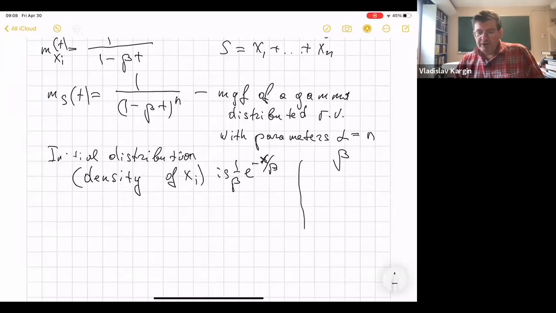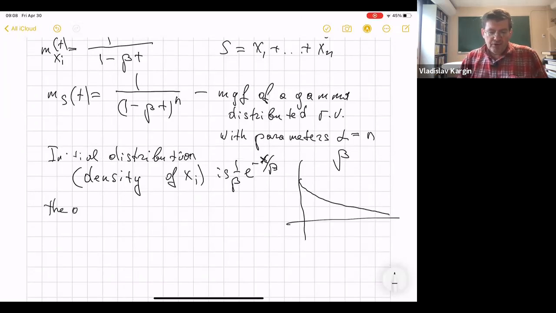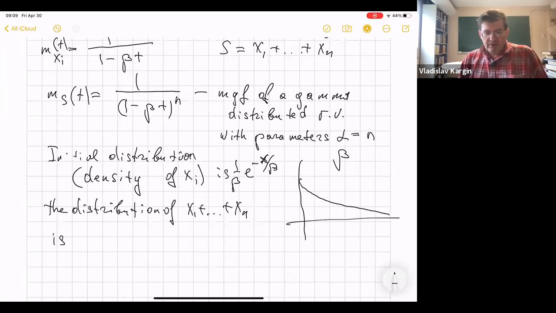It looks like this. Now the density of X_1 plus so on plus X_n, again by distribution I mean density, is something like this: some constant, and after that x to the power of n minus 1, times e to the minus x divided by beta, and here will be 1 divided by gamma of n, which is n minus 1 factorial, and beta to the power of n.